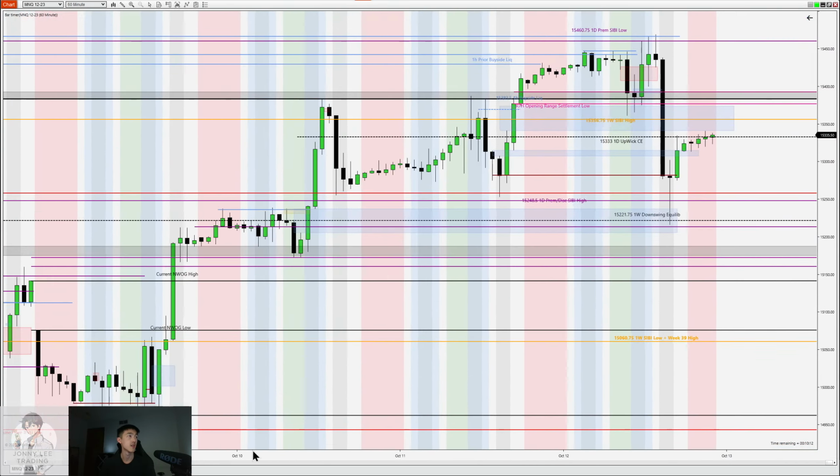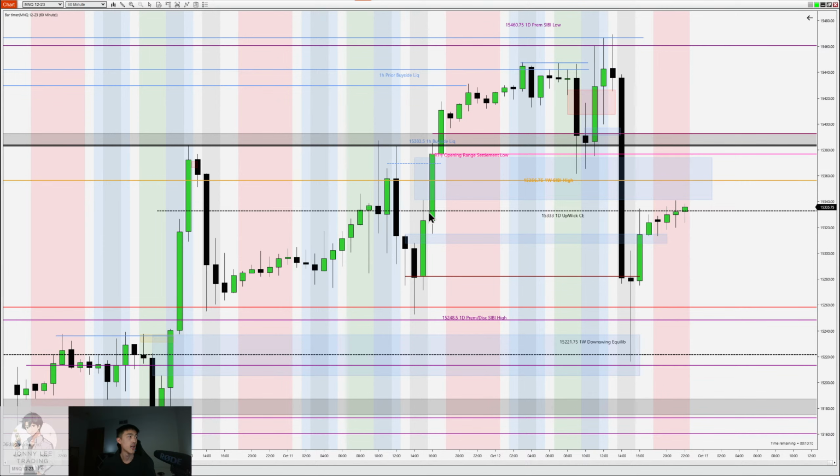However, I do see on the hourly, we've now had price go all the way up, and price rebalance all the way down. And I'm seeing evidence that it's repelling off of this inversion fair value gap. Keep in mind, we're in a very large hourly fair value gap based on the bond structure selling.